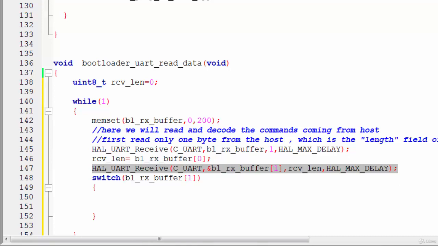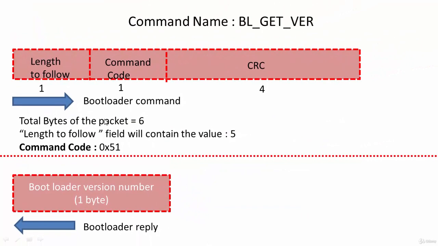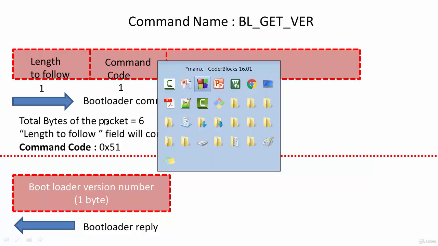For example, let's go to our PPT. So here it is. This is a command format for BL get version, that is bootloader get version. In every command packet, the first byte is length to follow, isn't it? So this we have already discussed. So that's why the bootloader first reads this byte first, and after that bootloader comes to know how many remaining bytes it has to read.